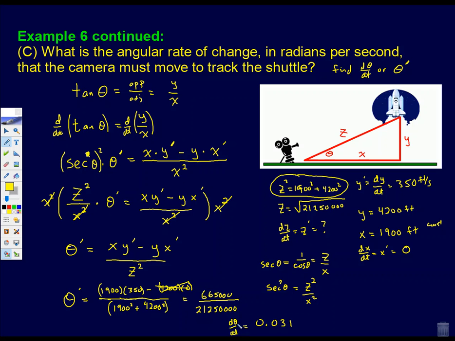That implies the unit should be the label of the angle, which is radians, divided by the unit of time, which is seconds. So this tells you how many radians per second the camera must tilt by. You notice that's quite slow. Even if you convert this into degrees per second, it's very slow, because the distances are so big that the relative speed is quite slow for that angle.